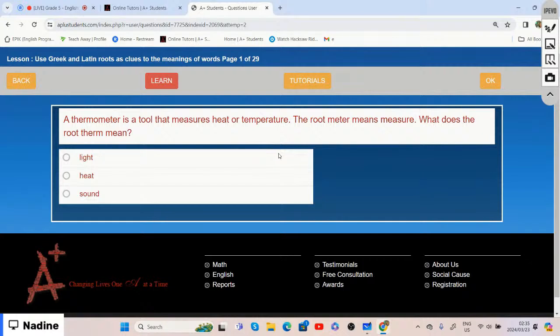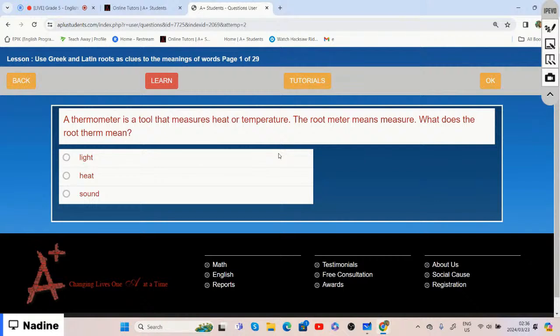All right. So now here's the first question in our test that says a thermometer is a tool that measures heat or temperature, right?